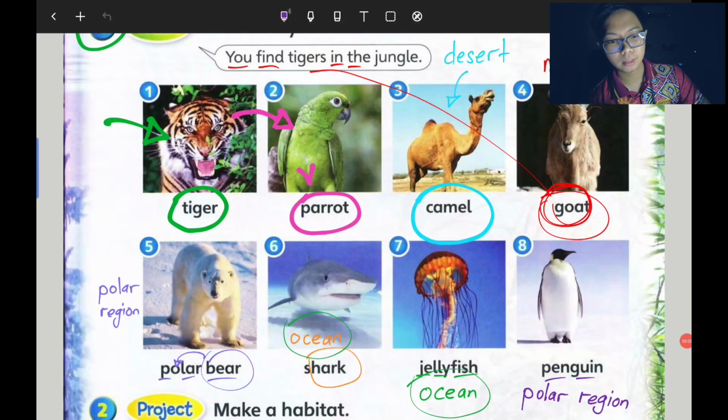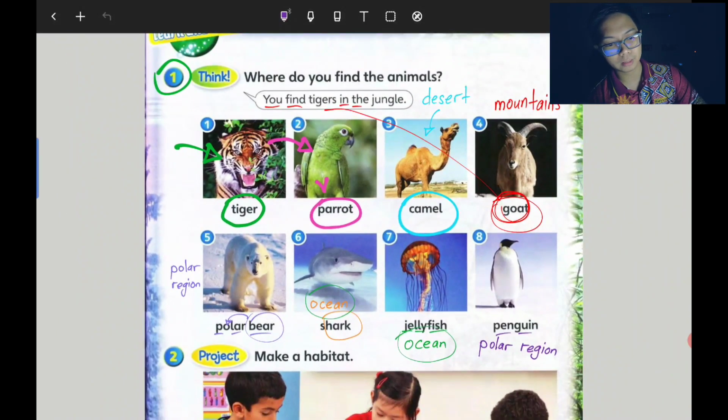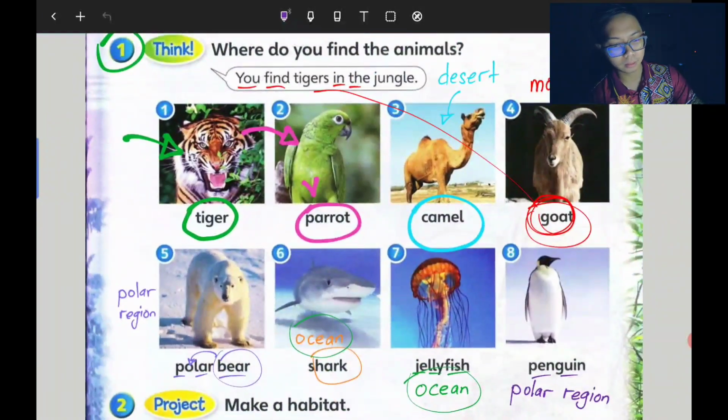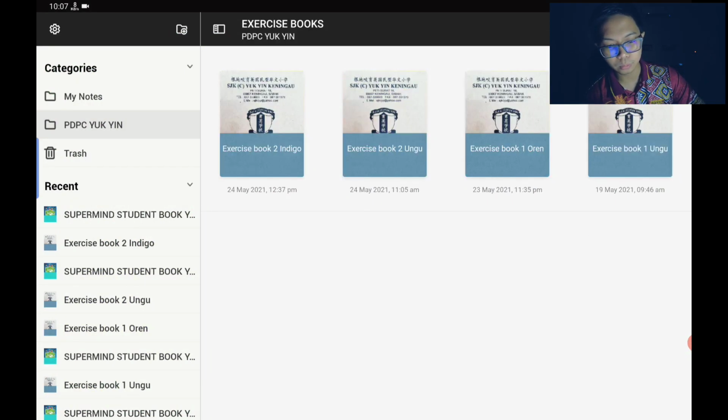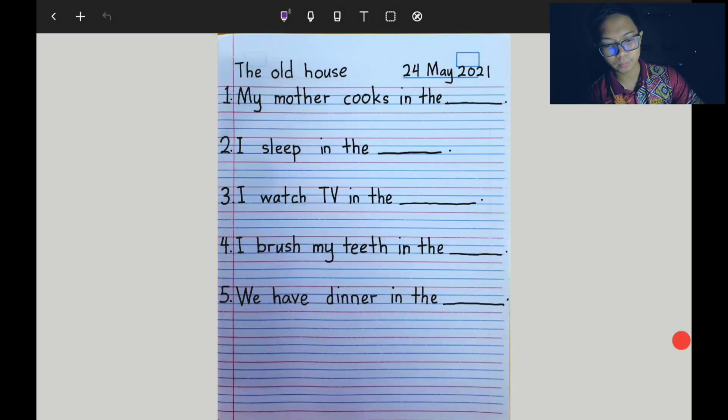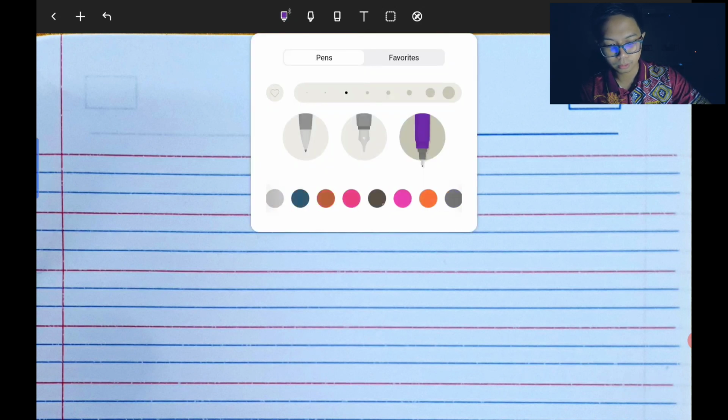So next, let's do a little bit of exercise regarding this one. Okay, take out your exercise book. Okay, we have done this during our Google Meet. Next, write down the date. Not purple, sorry, use the black. 25th.